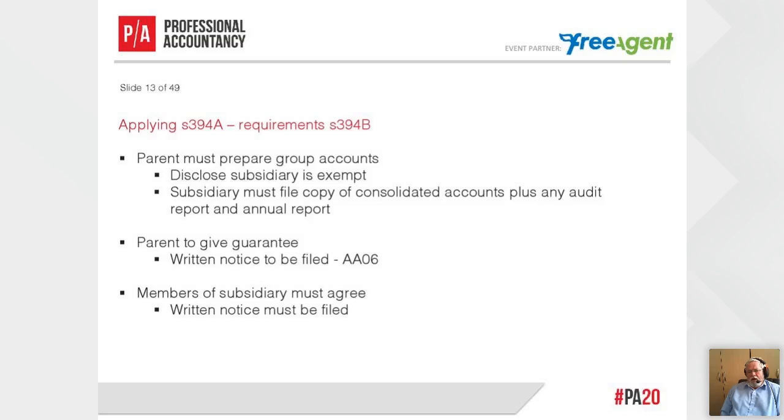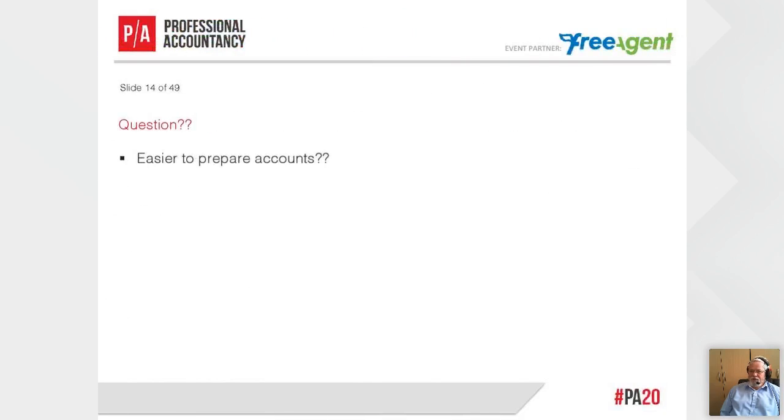Now, in order to be able to apply these requirements, the parent has to prepare group accounts and disclose the subsidiary is exempt. The subsidiary has to file a copy of the consolidated accounts, plus audit report and annual report as appropriate. The parent has to give a guarantee, and all the members of the subsidiary must agree. Which I suppose, if you're looking at the difference between preparing the financial statements and taking the exemption, has to raise one particular question.